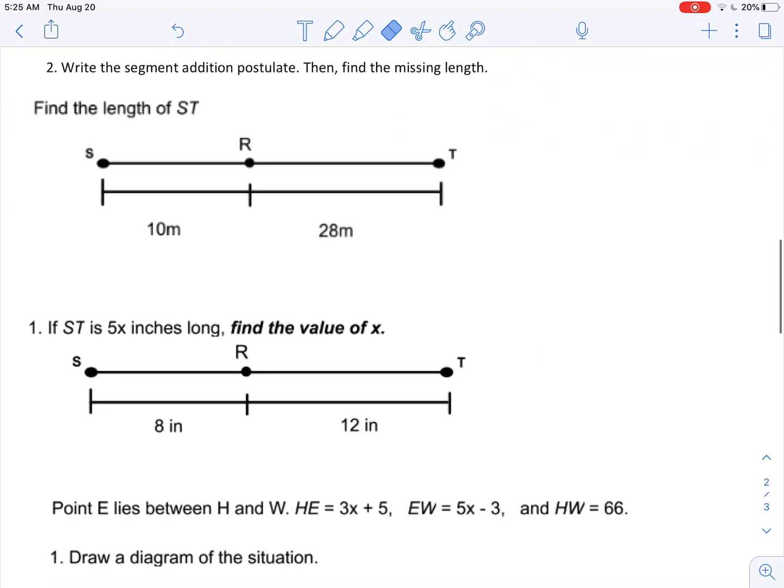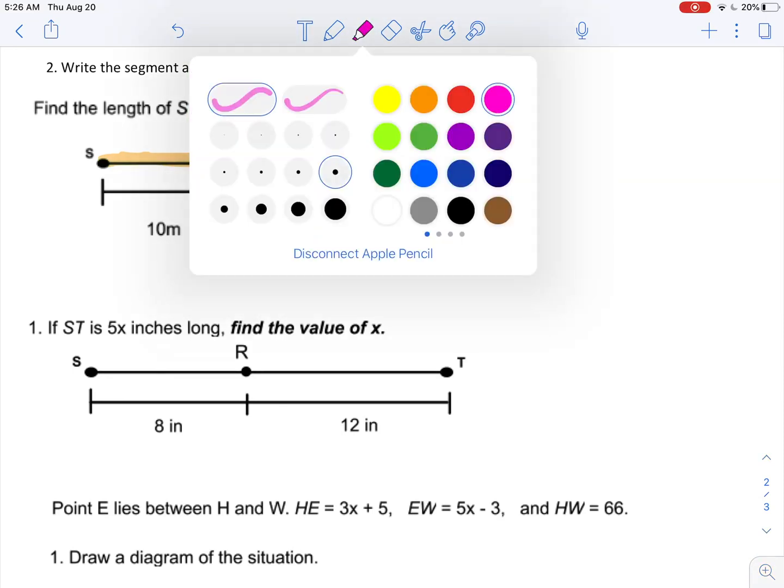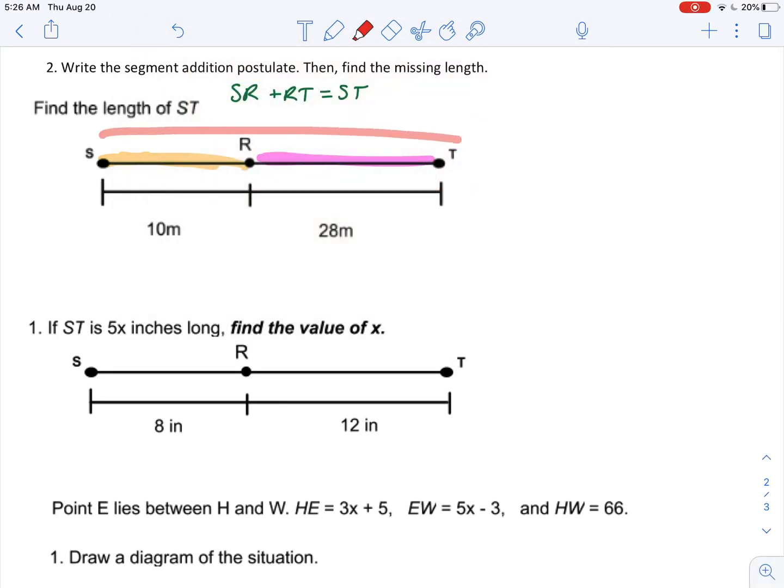All right, now let's try writing the segment addition postulate, and then we'll find our missing lengths. So I'm going to write out my segment addition postulate. I'm going to say SR plus RT gets me ST. So SR, this part, plus RT, the other part, gets me the whole segment length.